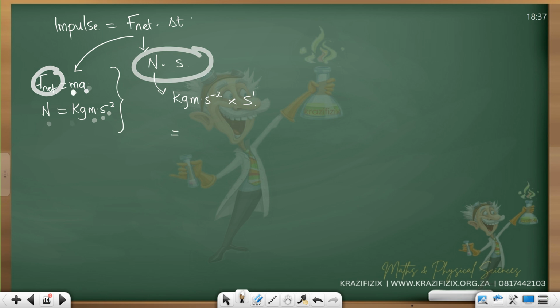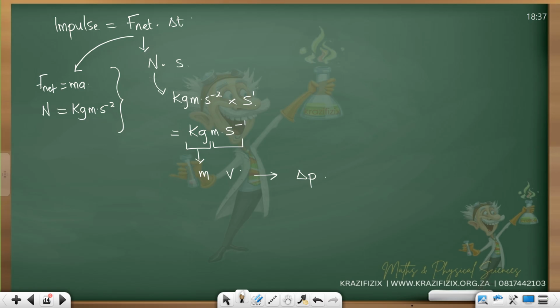Laws of exponents: if it's the same base, we add the exponents. 1 minus 2. Oh, what is this? Mass. What is this? Velocity. Look at where we are. We are back at change in momentum.